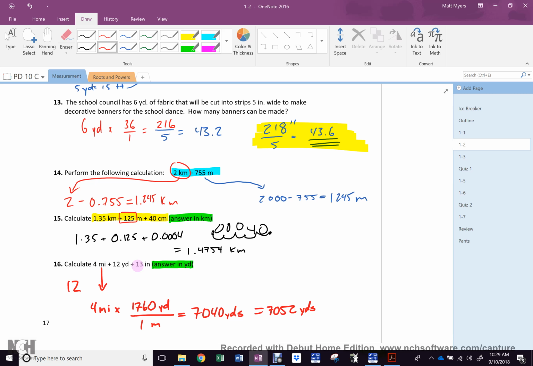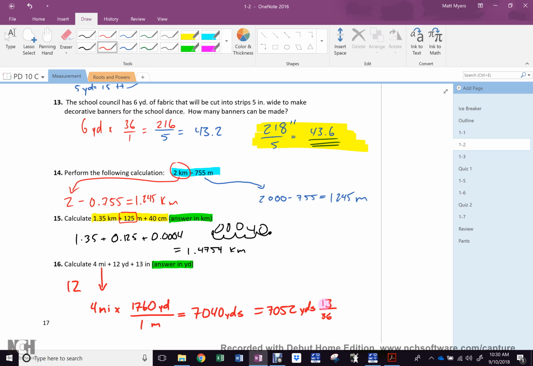Can I use a decimal? Technically. So I can't use a decimal here. I need an answer in yards, so it's 13 inches out of how many to make up a whole yard? 36. That's the best possible answer. Is 13 close to 12 inches? So could I say 7,052 yards and 1 foot?